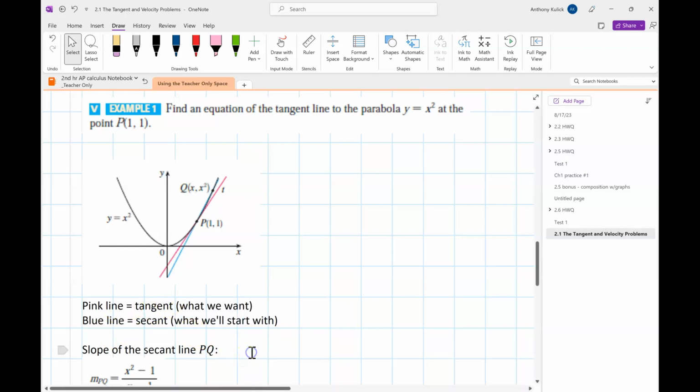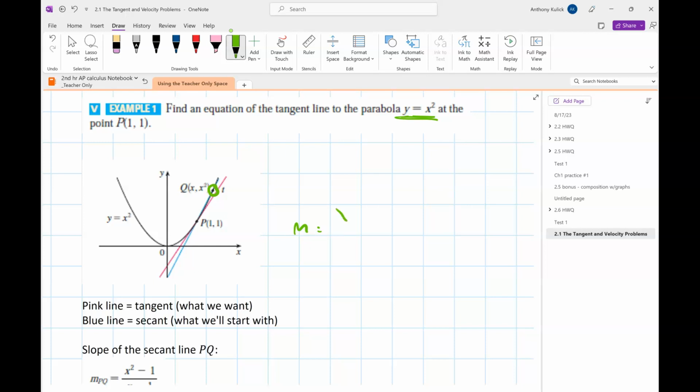Okay. If I look at the secant, I have some point Q, (x, x squared). Remember that this is the equation y equals x squared. So if I pick any point x, its y coordinate necessarily has to be x squared. Now remember, slope is rise over run.